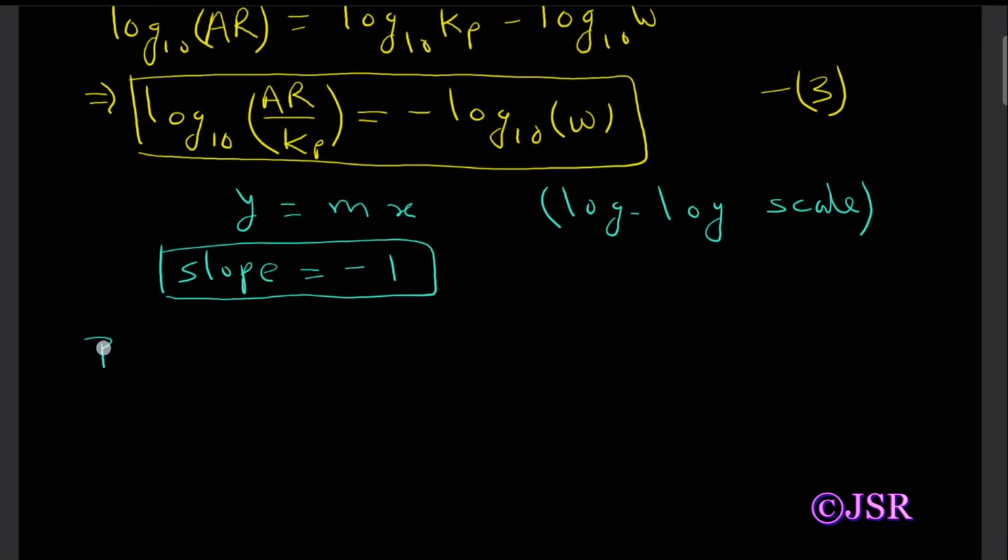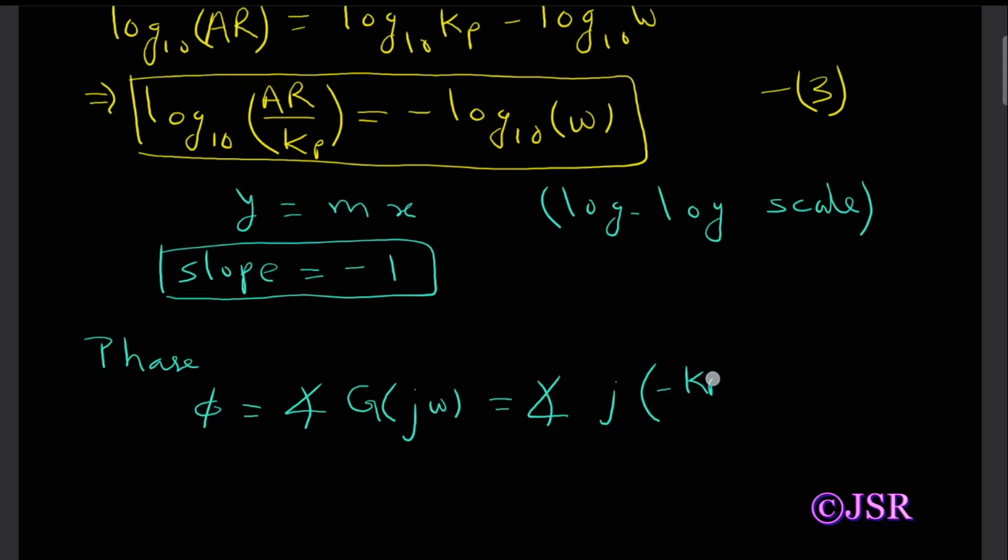So next, coming to phase. The phase phi can be given as the argument of G of J omega, and that will be equal to the argument of minus J Kp upon omega.